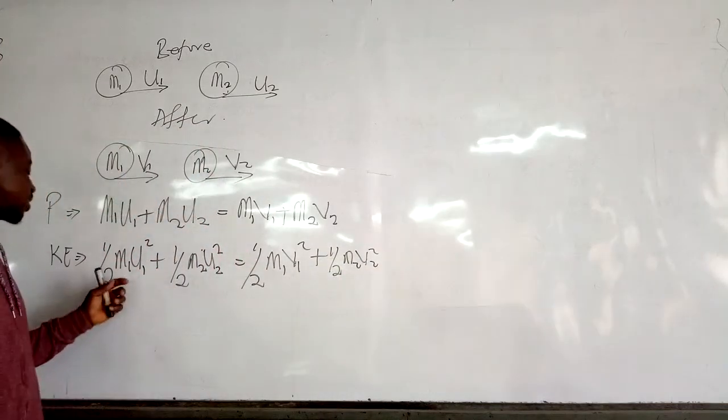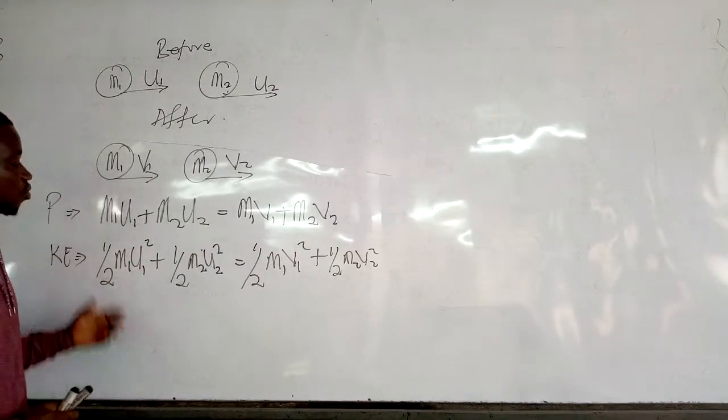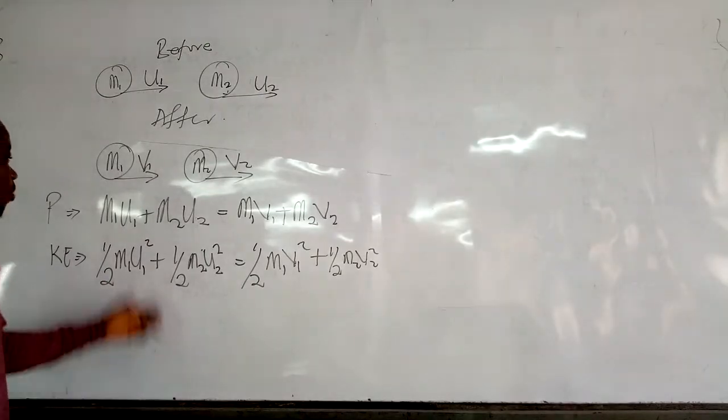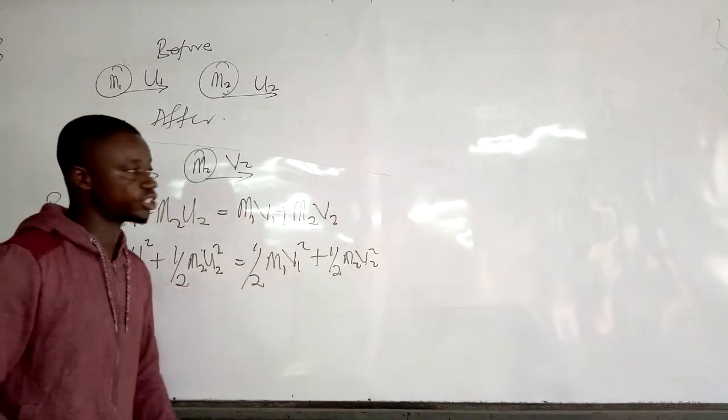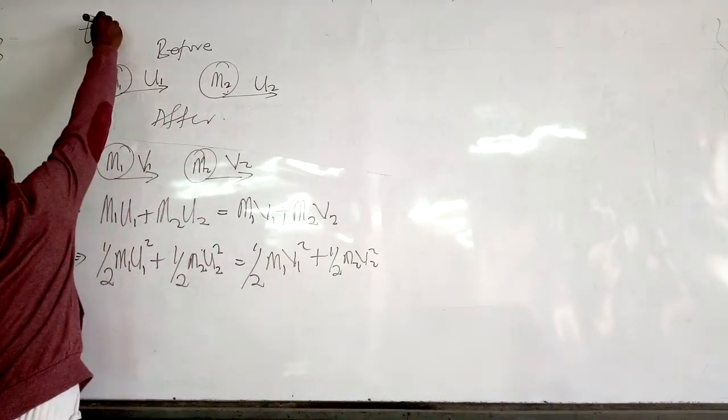You know, kinetic energy is given by half mv squared. So when kinetic energy is conserved, this is how we write the equation, and when momentum is conserved, this is how we write the equation, for elastic collision.